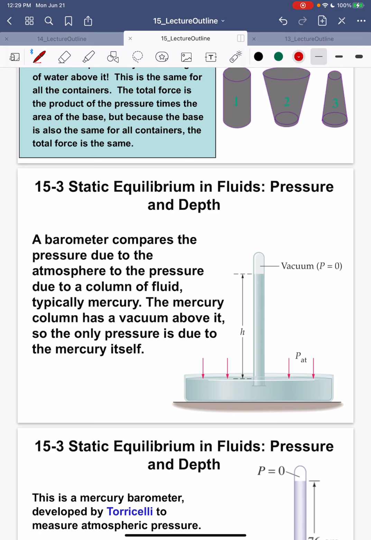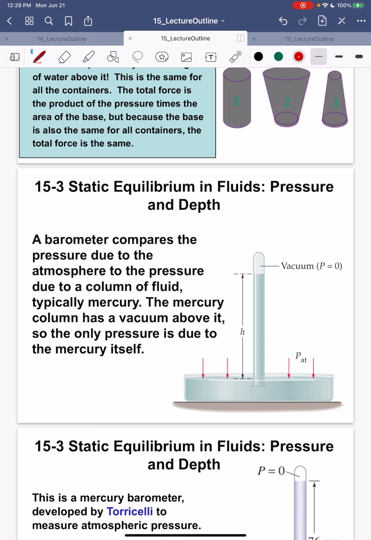The first one is that it is visible. The second one, it has a high density, and this is the reason why the column length or height is going to be small compared to the one if we are using alcohol or water.